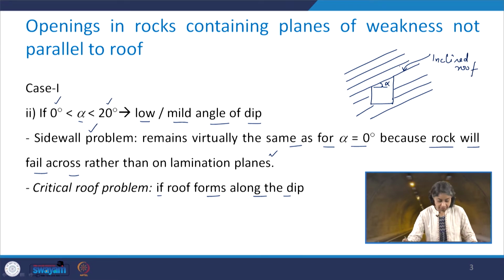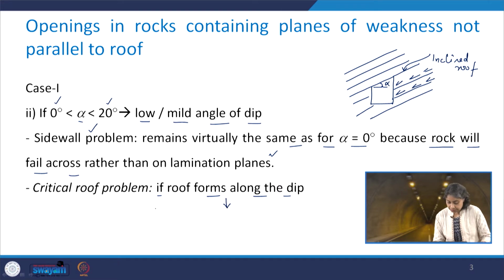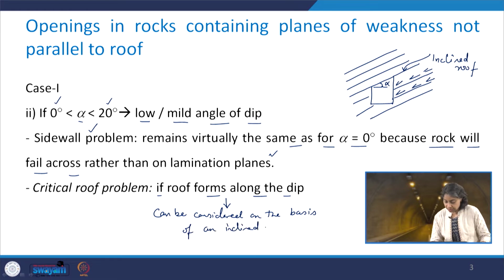What will happen? There is going to be the development of shear. So, if the roof forms along the dip, it can be considered on the basis of an inclined roof, as has been mentioned in this particular figure.